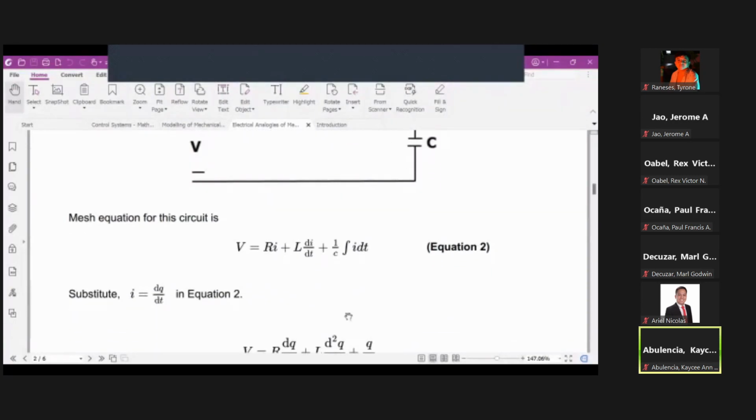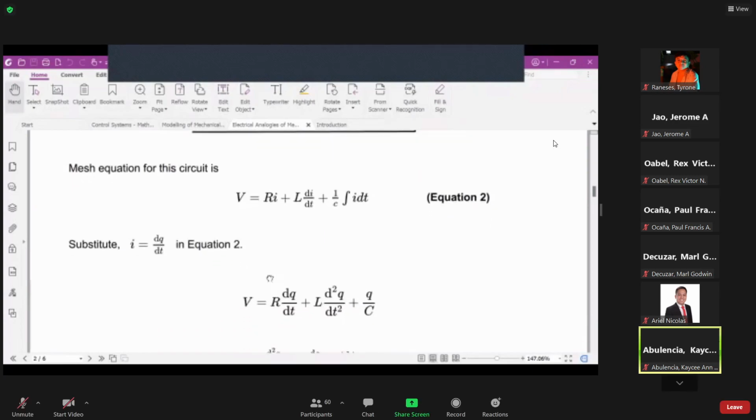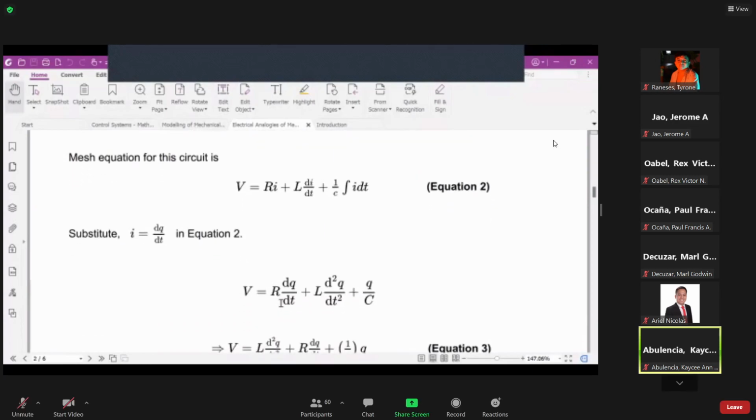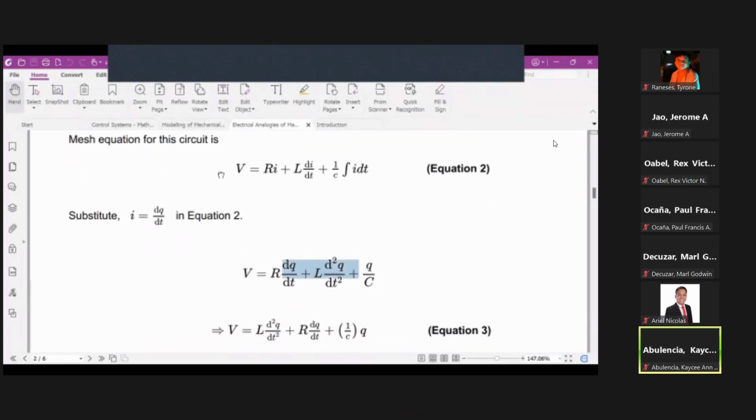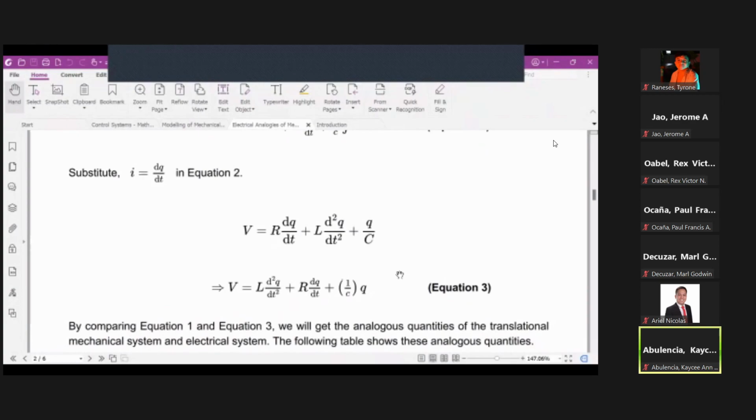However, when we substitute the current i with dq all over dt, the change in charge over time, we can come up with the differential equation of equation 2, which is equivalent to your equation 3.